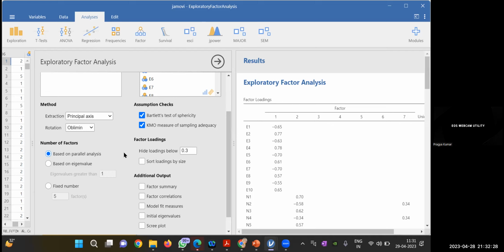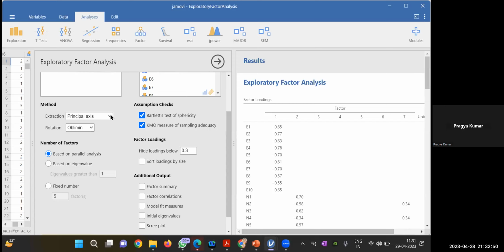Yes, there are 3 options in extraction. I think I have told this. Can someone repeat what I told about maximum likelihood and principal axis? Maximum likelihood is used when the data is normal and the sample size is adequate. Agree.